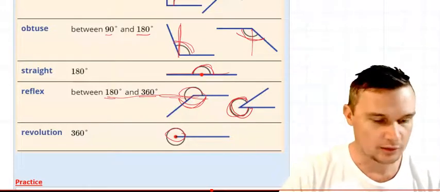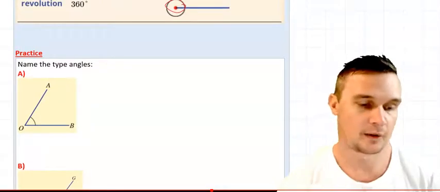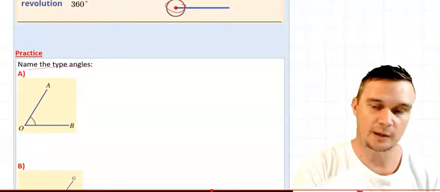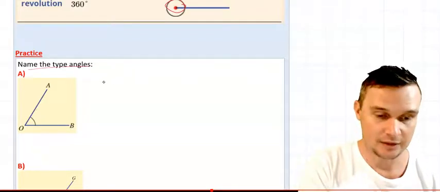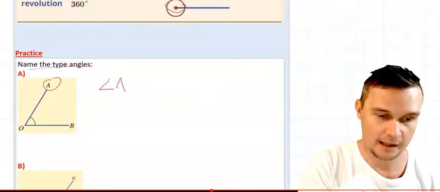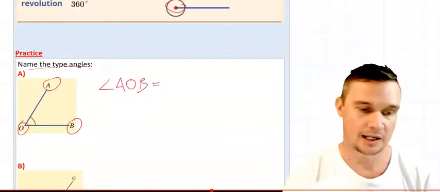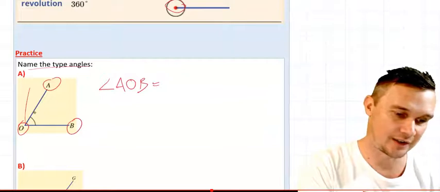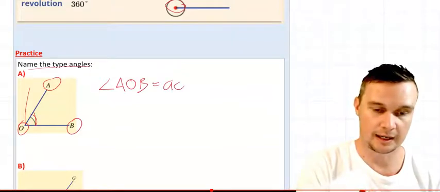So now that we know that, let's do a couple of quick practices and see if we can name these as we go through. It says name these types of angles, so hopefully you looked at the previous video on how we name them. The angle shape is AOB, and I can see that it is less than 90 degrees, so I know it is an acute angle.